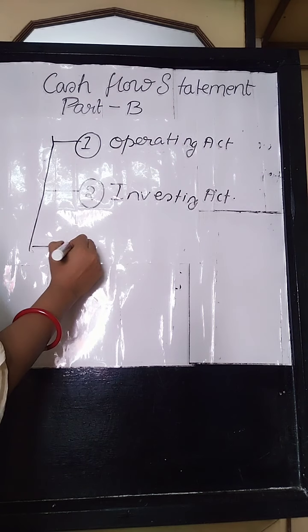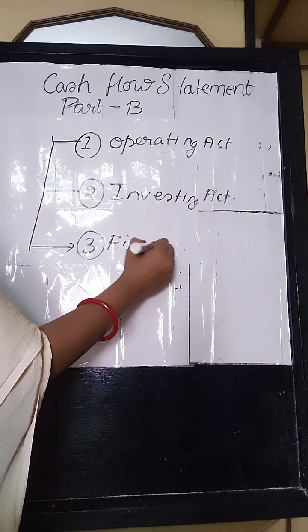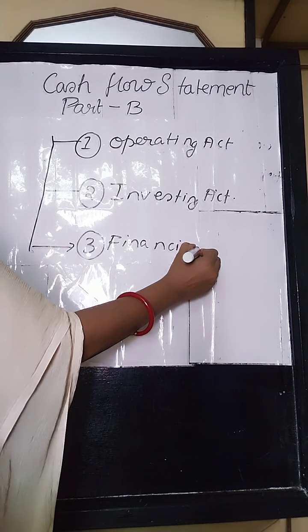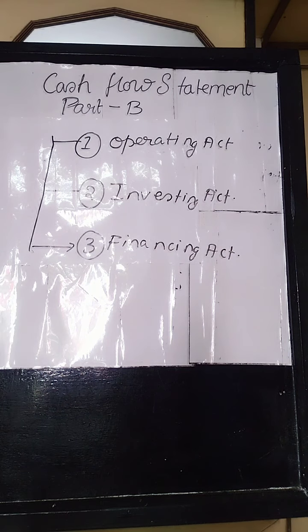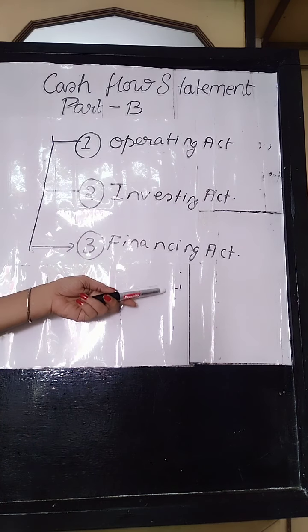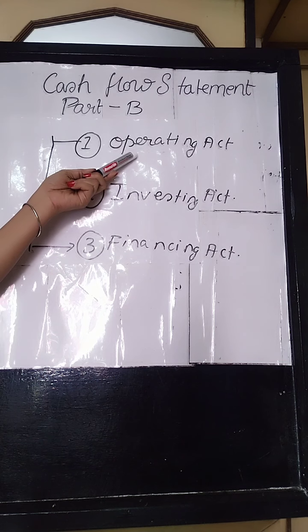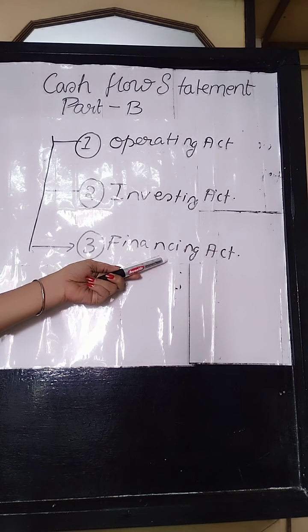And number three, financing activities. So there are three activities included in a cash flow statement.